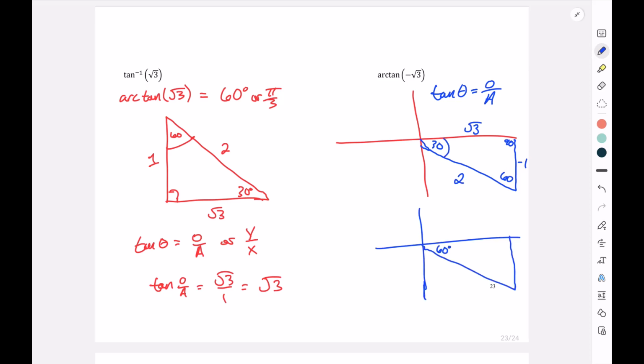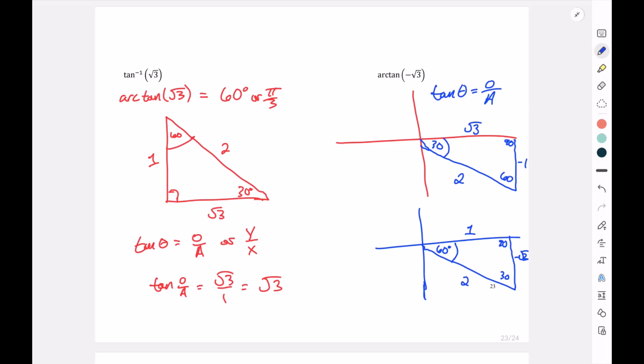This time if we look at using our 60 degrees as our angle, or our theta, we can create a triangle of negative square root 3, our 90, and our 30. Across from our 30 is a 1, and we'll have a 2 across from our 90.